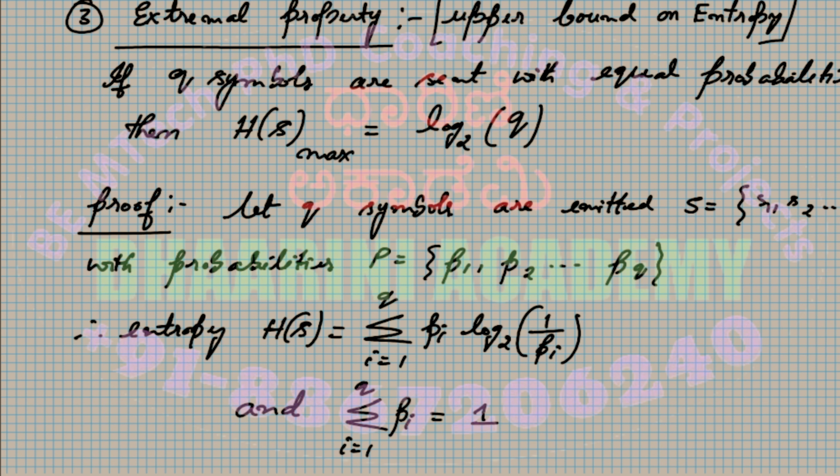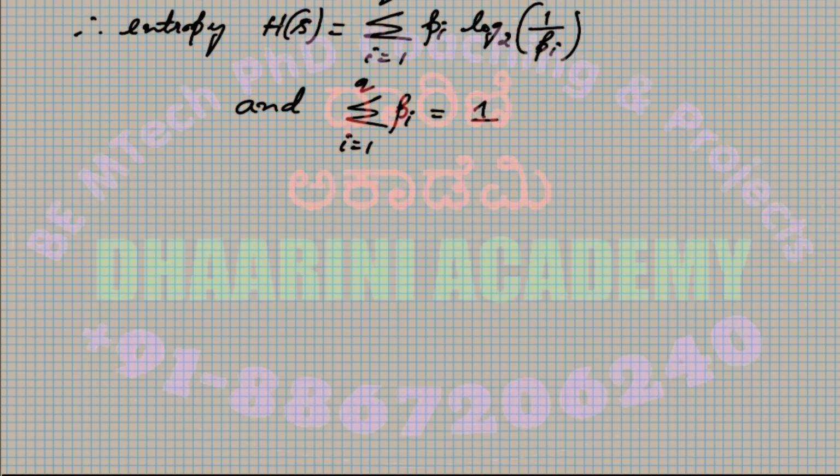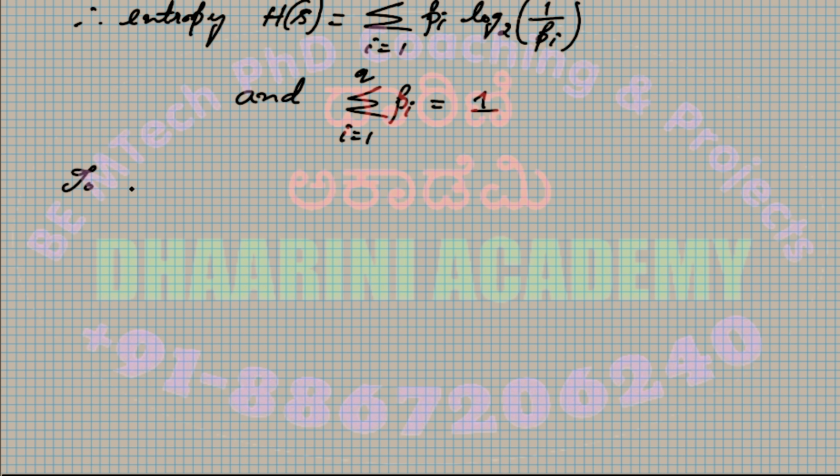Now, if we want to calculate the upper bound, we will consider the following term. To find the upper bound, let us consider the term log of Q minus H of S. How do I calculate log Q?